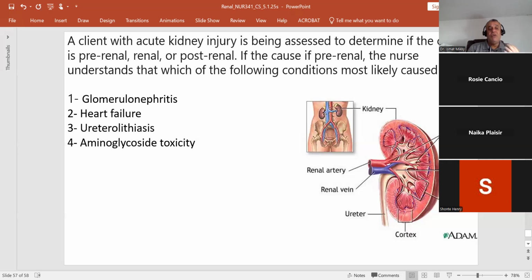So how would you differentiate between pre-renal, intra-renal, and post-renal failure? Each one of these categories is failure, but how would you identify the risk factors for each type?